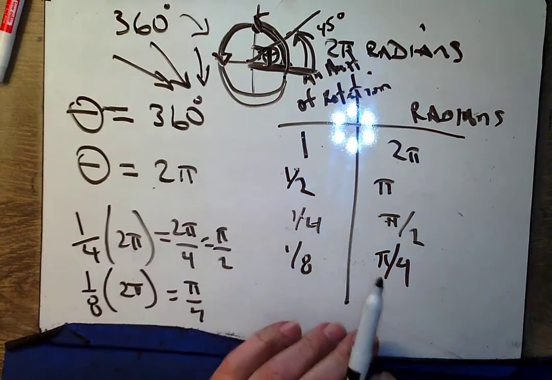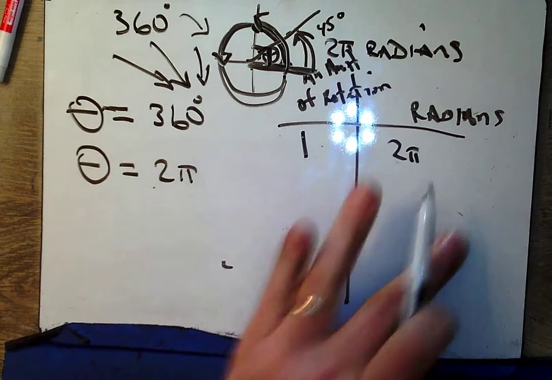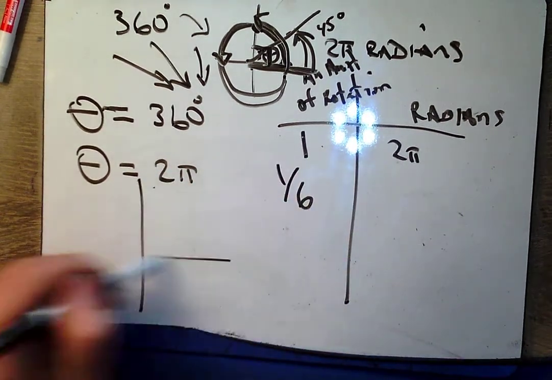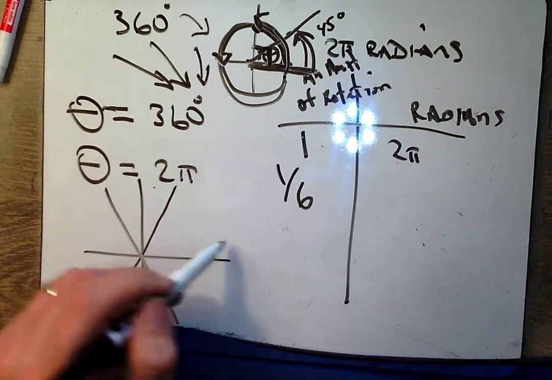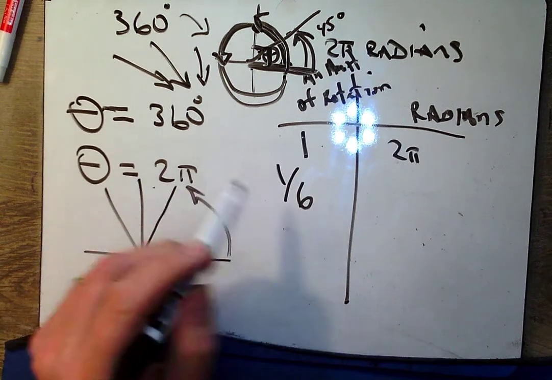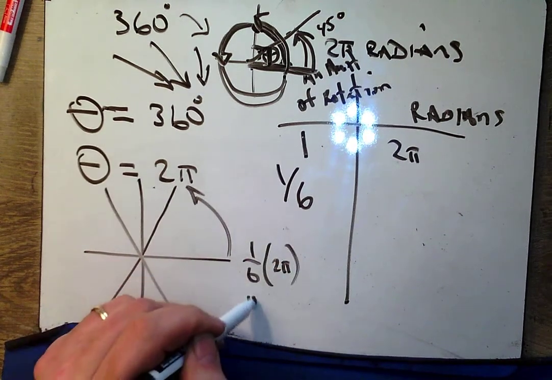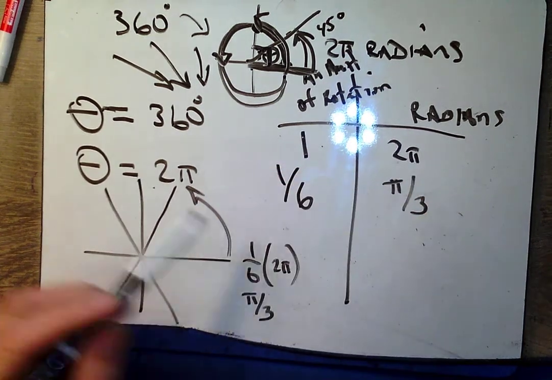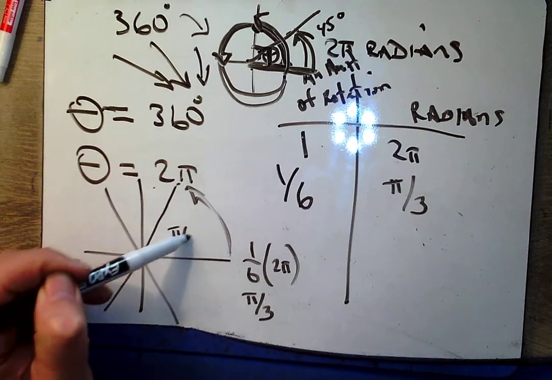So, what about these amounts of rotation? What if we rotate a sixth of the way? A sixth of the way is to here, and that's 1/6 of 2 pi, or that's pi over 3 radians. Okay, so that would be 1/6 or pi over 3.